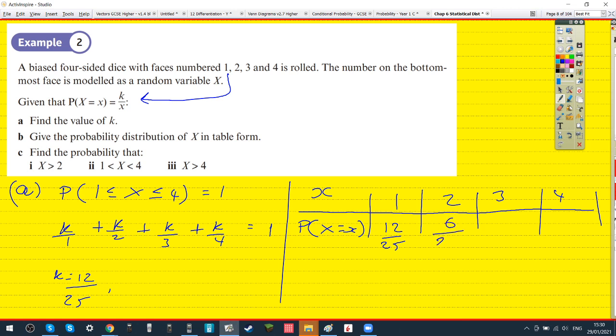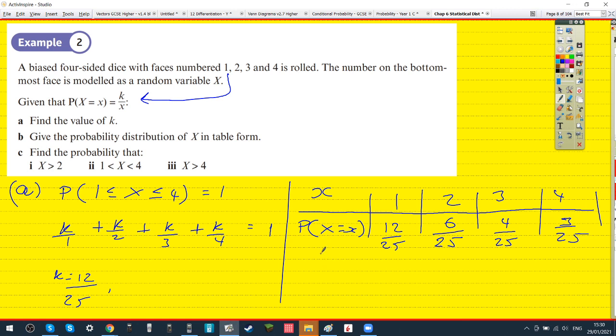Great. Then 4 over 25. And then 3 over 25. That's great. And 12 plus 6 is 18, plus 4 is 22, plus 3, 25. 25 out of 25. Yep.